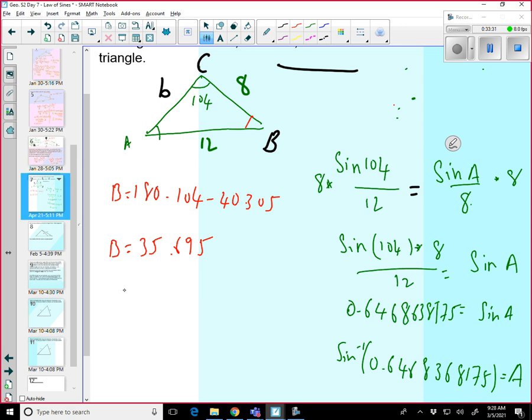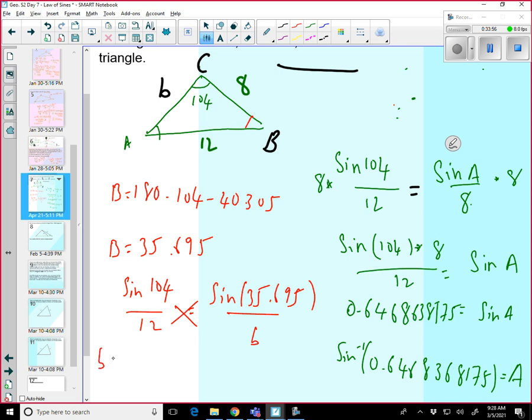With reference to this, I need to find side b. Let's use once again side c over sine C. C was 104. Side c over sine C equals side b over sine B, which is b over sine 35.695. Now cross multiply.